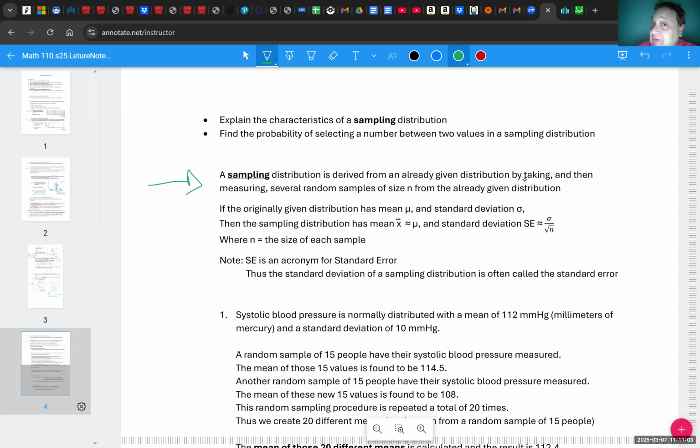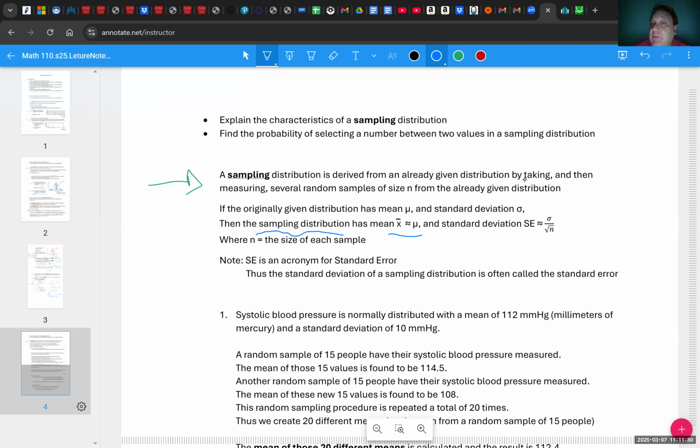With any kind of distribution, we always want to talk about the center, spread, and shape. So we'll do that for this one too. If the original given distribution has a mean of mu and a standard deviation of sigma, which is what we normally use, then the sampling distribution will have a mean that's basically the same as the original given mean.